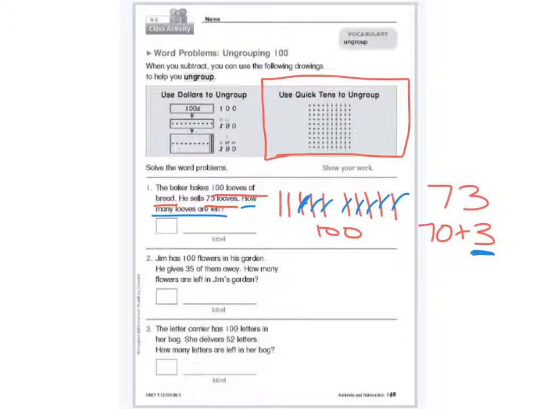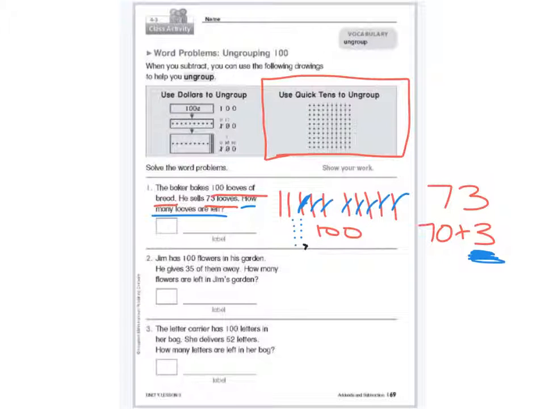So when we take a 10 and we turn it into ones, we call it ungrouping. So I'm going to take that 10 and turn it into 10 ones. I'm going to ungroup it and turn it into 10 ones. 1, 2, 3, 4, 5, 6, 7, 8, 9, 10. Now I have ones that I can take away. So I'm going to cross off 3 more ones.